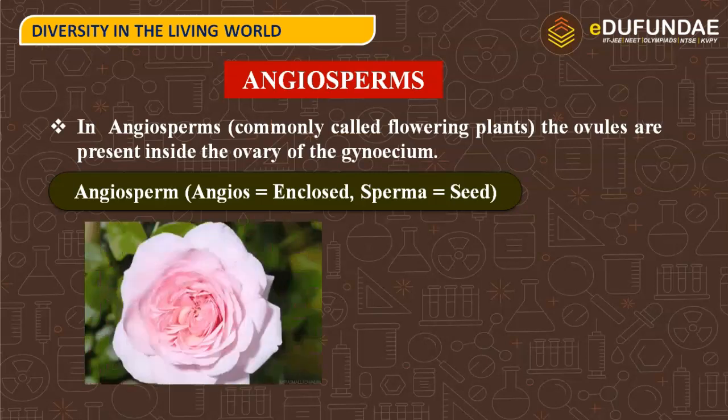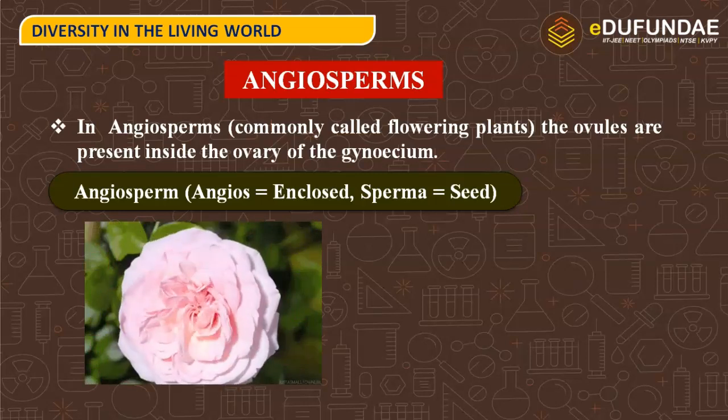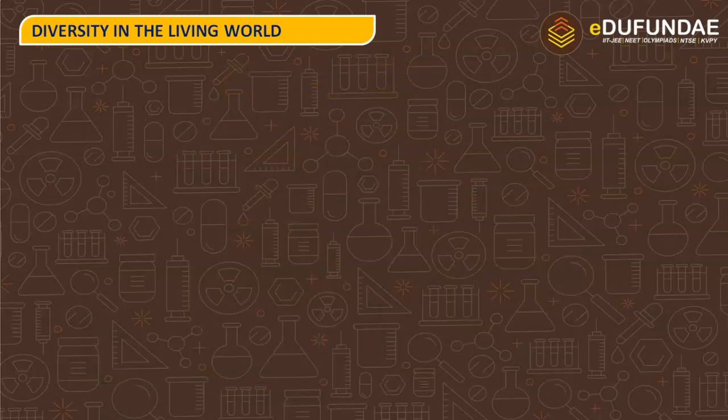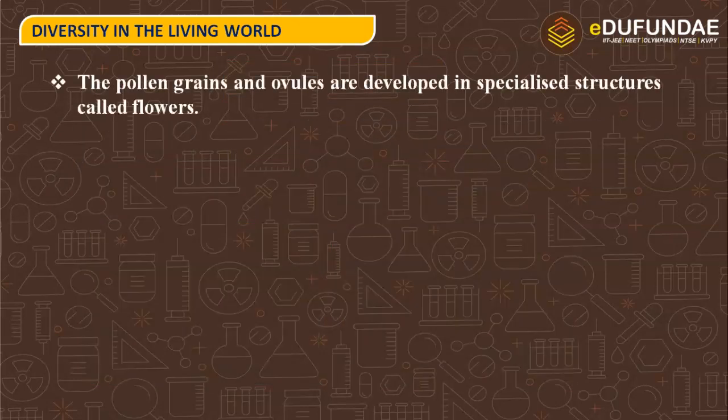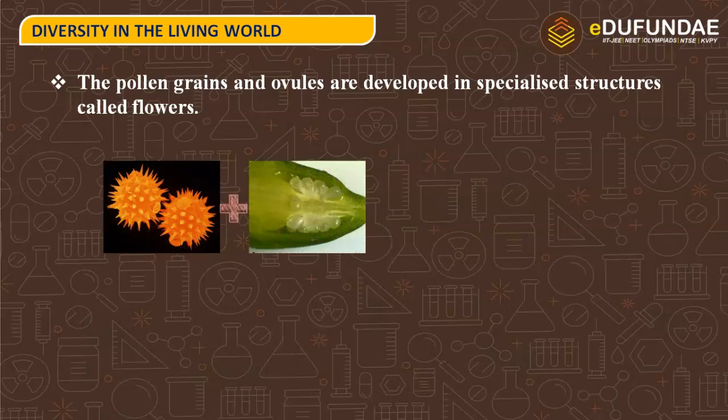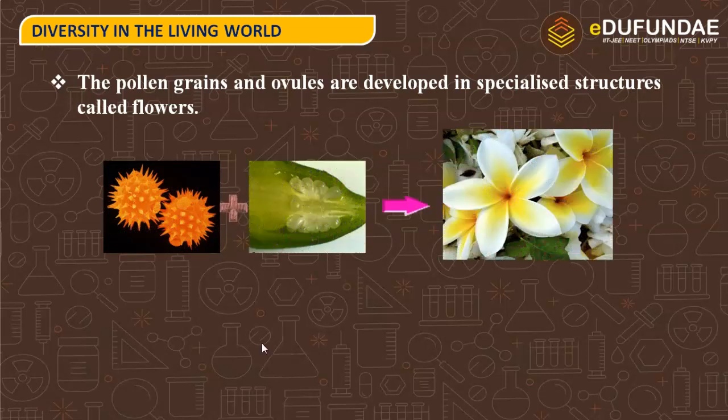So here is the display of a few flowering plants, and they are the angiosperms. The pollen grains and the ovules are developed in specialized structures called flowers. So these are the pollen grains and this is the ovule, and it is found inside the flowers.